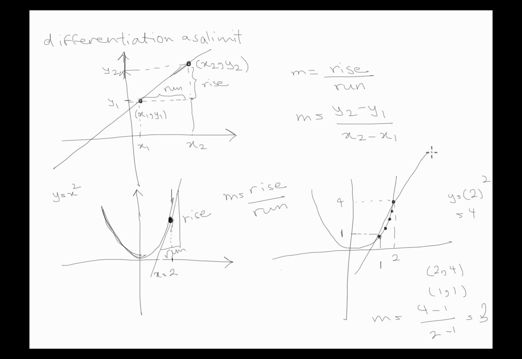So this line is called a secant. If you try to draw these lines, you can see that as this second point gets closer and closer to x is equal to 2, the gradient becomes closer and closer to the actual gradient of the tangent at x is equal to 2. So basically that's the basis of differentiation as a limit. So what does that mean?